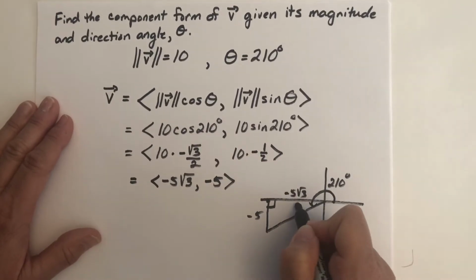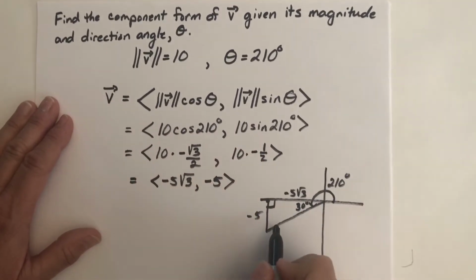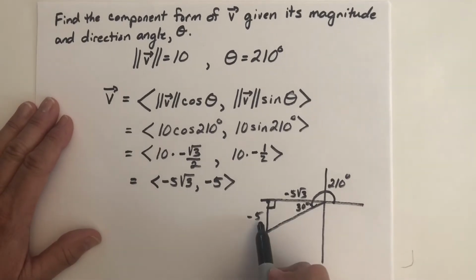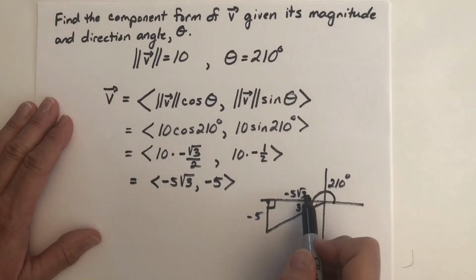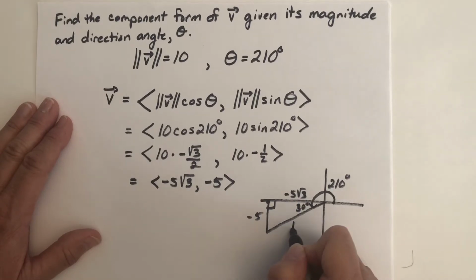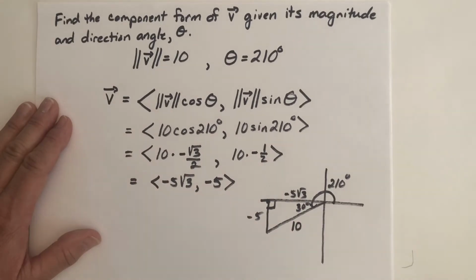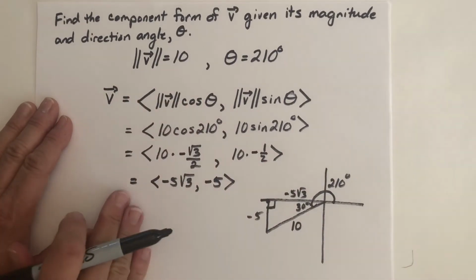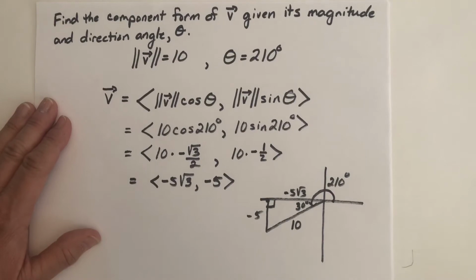So this is 30 degrees, and this is 60 degrees, and notice the ratio. We have a negative 5 and negative 5 square root of 3, and we know that would mean this is 10, as expected. So the picture confirms what we already knew. Let's do another one.